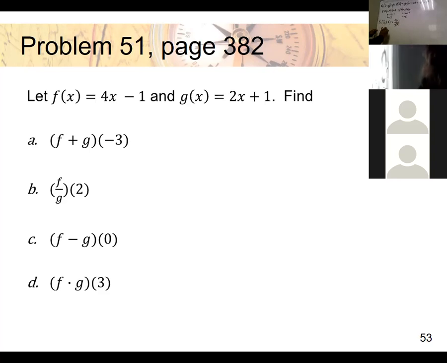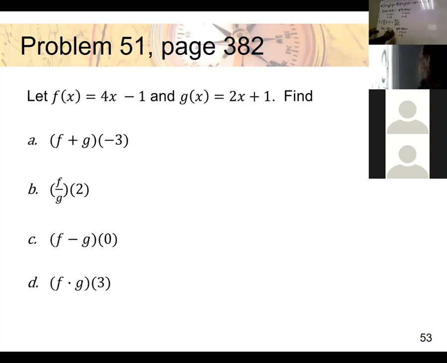F of x is 4x minus 1, so this would be 4 times 2 minus 1, which will be 8 minus 1, or 7. So f of 2 would be 7. And then g of 2, that's 2x plus 1, so this would be 2 times 2 plus 1. This would be 4 plus 1, which would be 5.